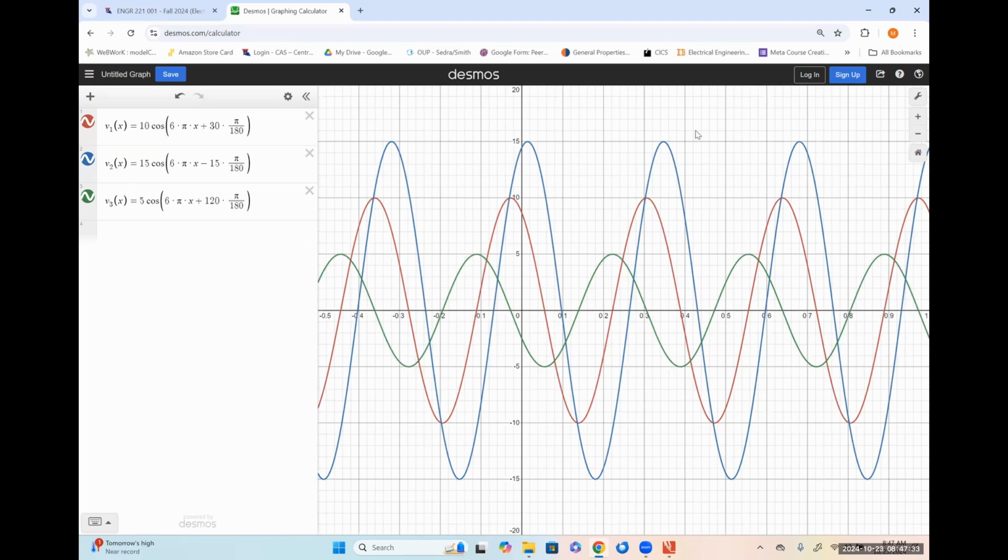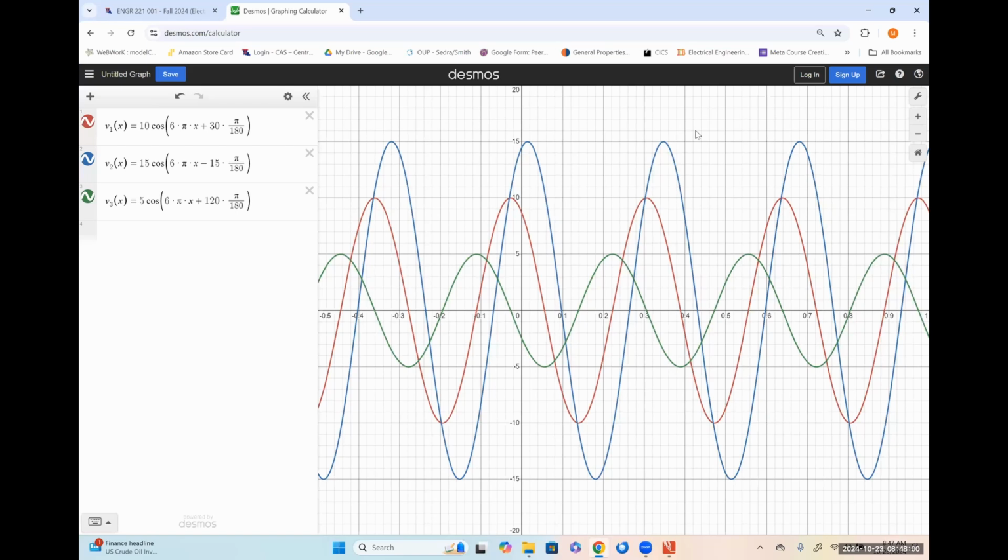We can see a couple of things here really quickly. Our green curve is obviously an advanced value because everything is being expressed as a cosine function, and the green curve hits its peak somewhere around negative 0.1. The red curve is also an advanced signal because it's hitting its peak before x is equal to 0.